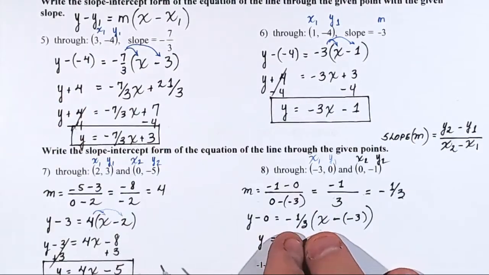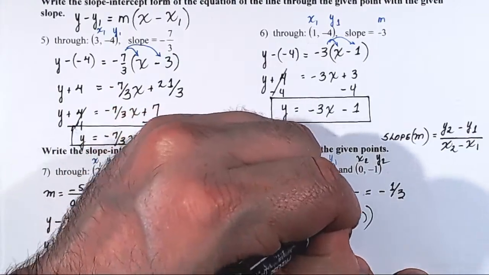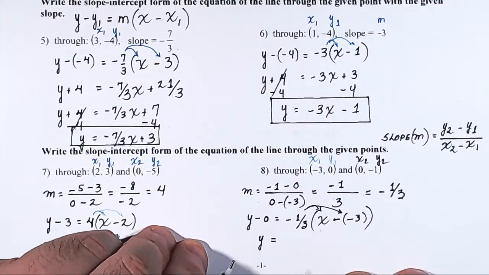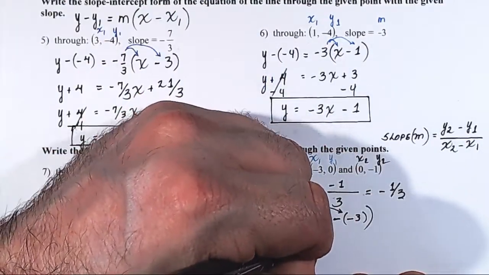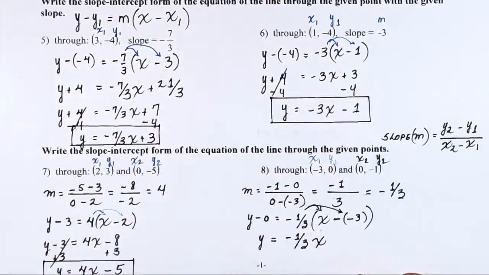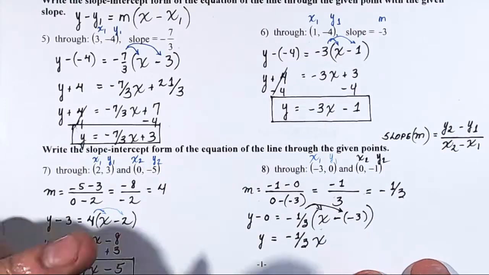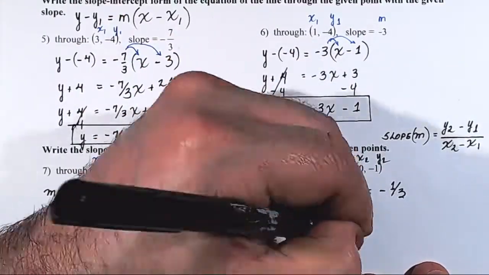And now we will distribute negative 1/3 through the parentheses, taking care of this double negative right here along the way. I have negative 1/3 x, and now I have negative 1/3 times positive 3, which gives me plus 3/3, thirds.